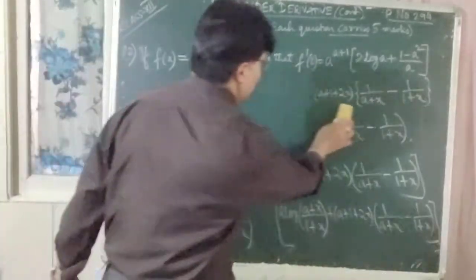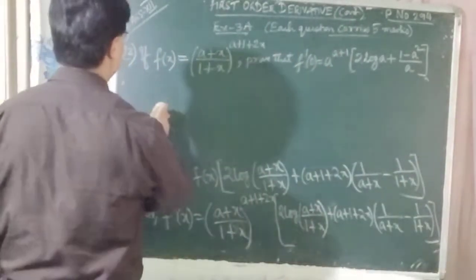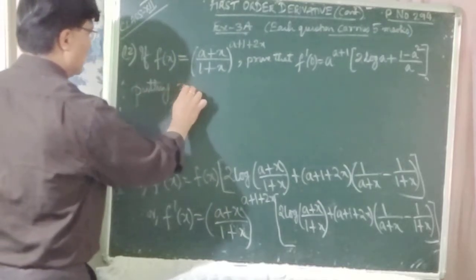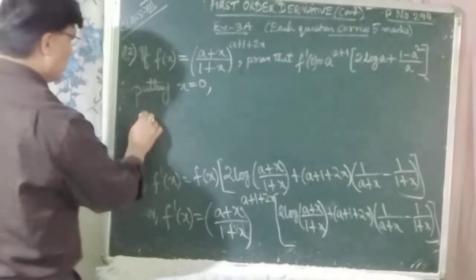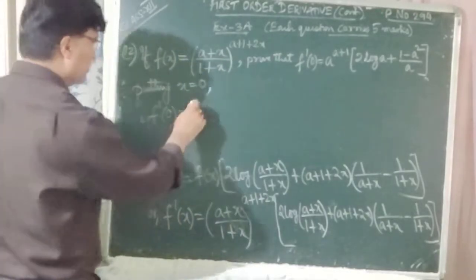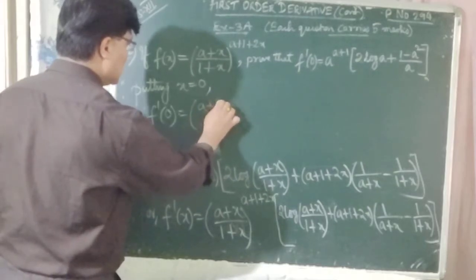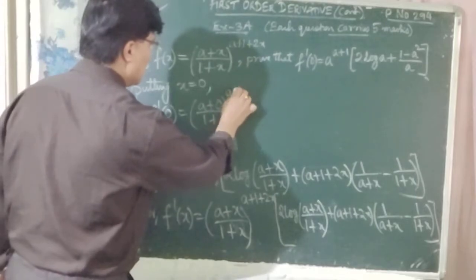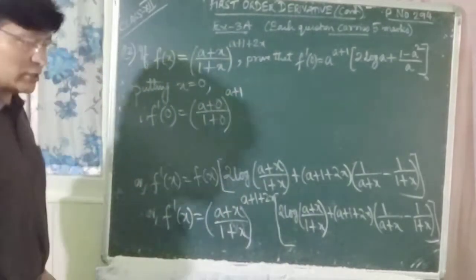So putting x is equal to 0, what do we get? This is f dash of 0 is equal to a plus 0 divided by 1 plus 0 whole to the power a plus 1 only, because 2 into 0 is 0.